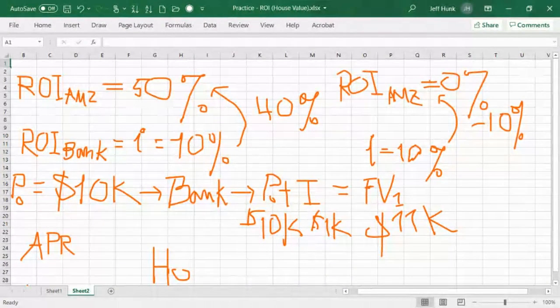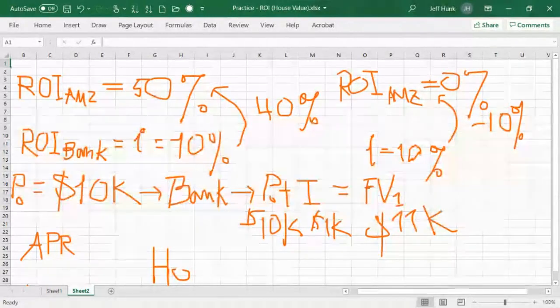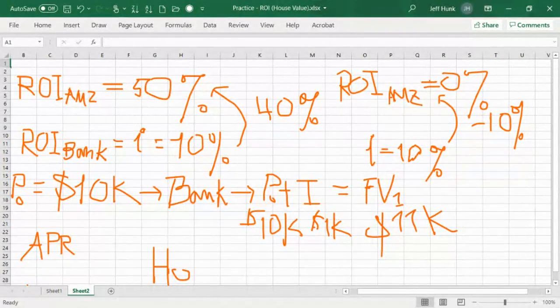But just to simplify our thought experiment, we are simplifying the holding period in years. Okay, everyone is clear about that?